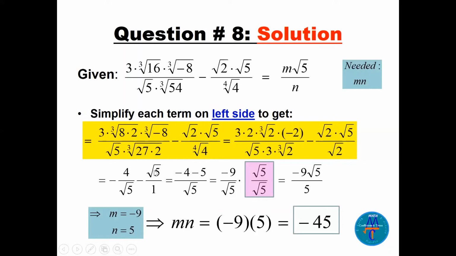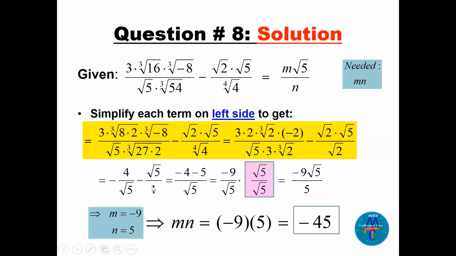So the second one will be square root of 5 over 1. Now the first, we have many numbers there. The cube root of 2 will cancel. 3 will cancel here. There is a minus, 2 and 2 is 4. So what we have here, minus 4 over square root of 5, be careful please, minus square root of 5 over 1. This is what you get here.